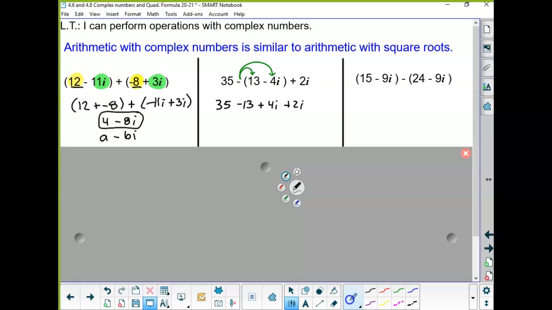And now, look at the format. It's already set up where you have the real parts grouped together, and you have the imaginary parts grouped together, so you can just think of, well, those are my real numbers, and those are my imaginary numbers. And then you can finish that really quick.